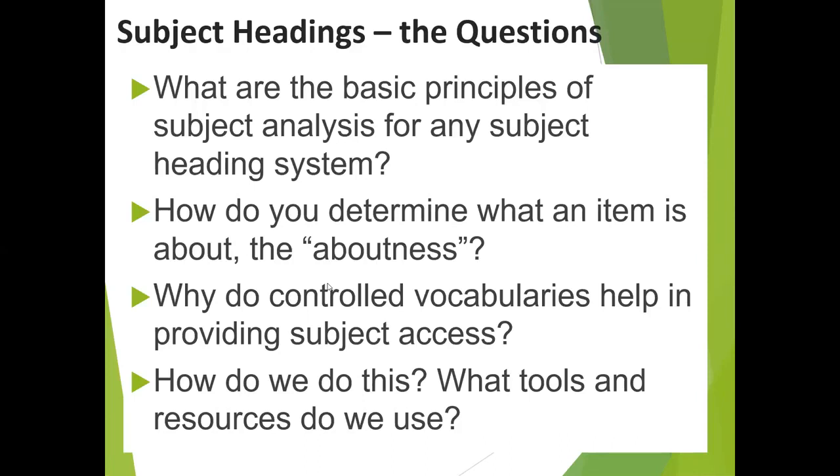We're also talking about the basic principles of subject analysis for any subject heading system. So really, that internal process of thinking about what an item is about. The Library of Congress subject headings have given us some guidance. You're looking at the work as a whole, which is probably going to be accurate for most controlled vocabularies.